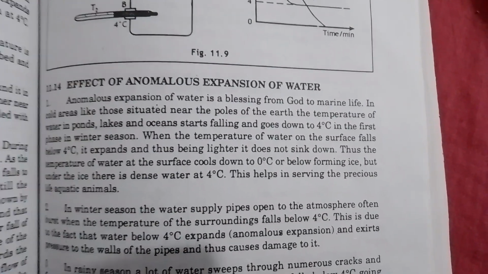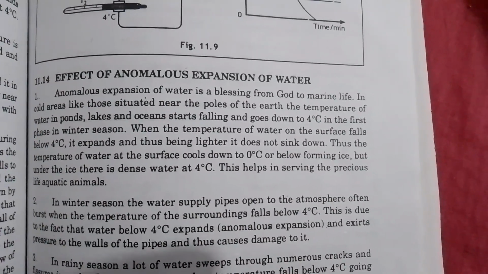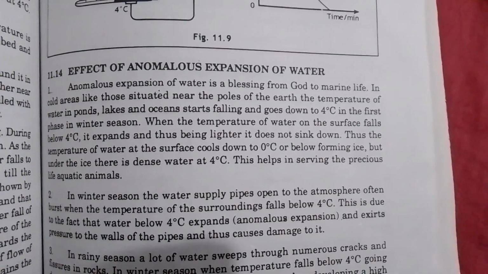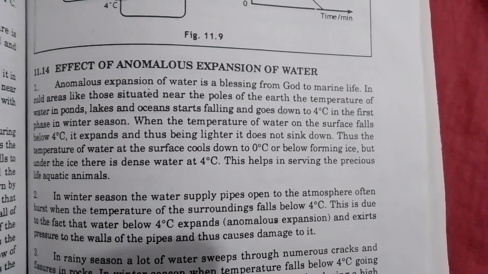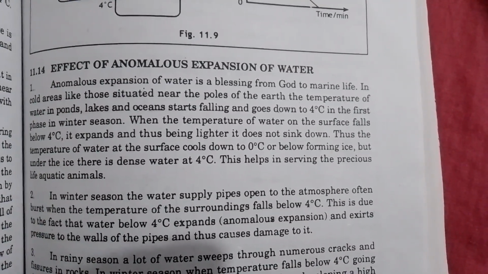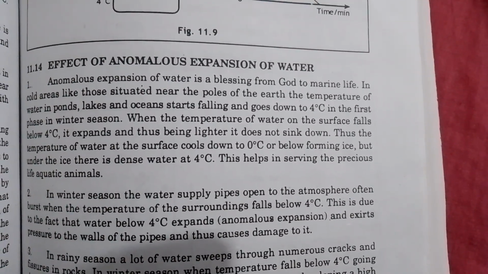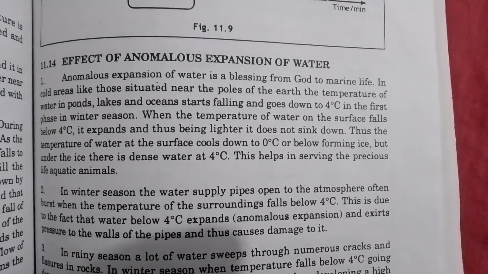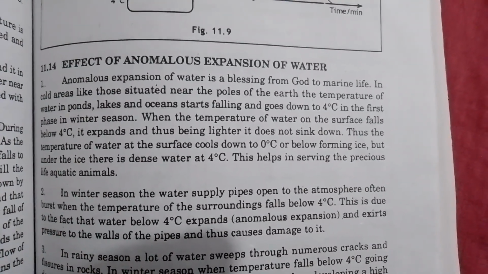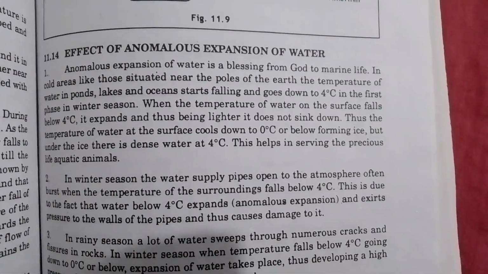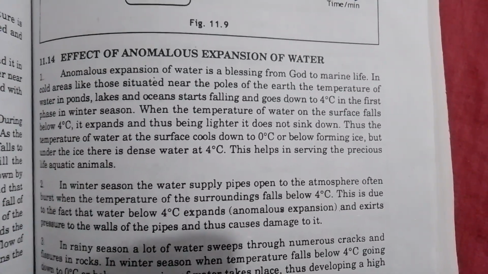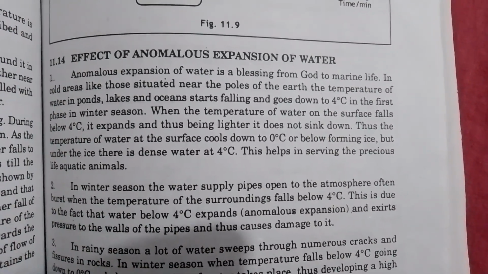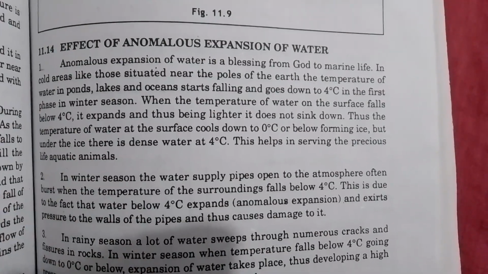Anomalous expansion of water is a blessing from God to marine life in cold areas like those situated near the poles of the earth. The temperature of water in ponds, lakes and oceans starts falling and goes down to 4 degrees in the first phase in winter season.